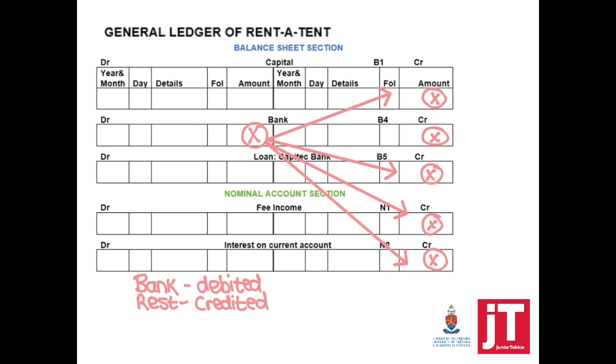If it doesn't, it means you didn't apply the double entry principle and you have made a mistake. So make sure that you understand this. This is what you can get 100% correct by just studying that. Bank is debited, the rest is credited from the cash receipts journal.